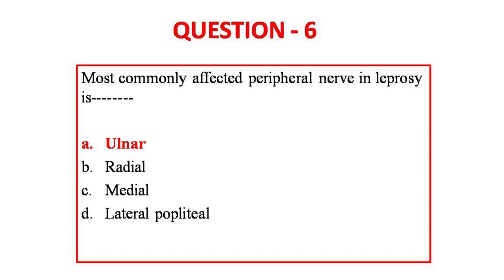We all know that one of the most characteristic features of leprosy is its effect on nerves. The superficial nerves like ulnar and posterior auricular may be swollen and tender, and the most commonly affected peripheral nerve is the ulnar. So the answer is A, ulnar.